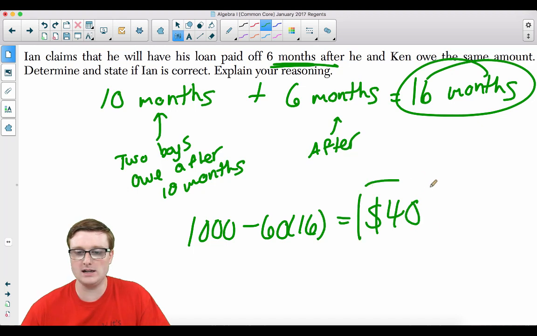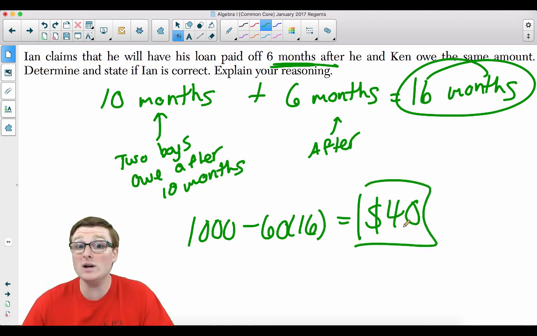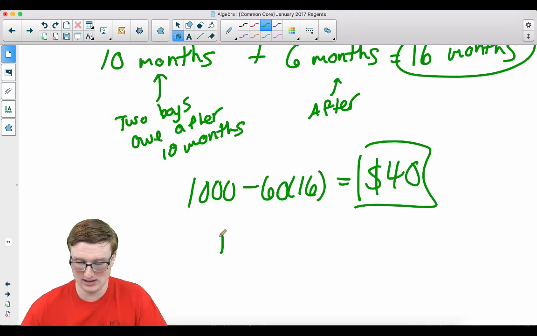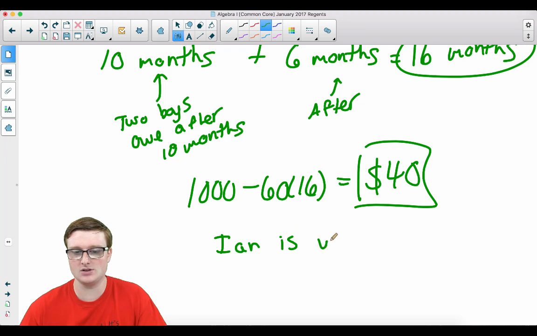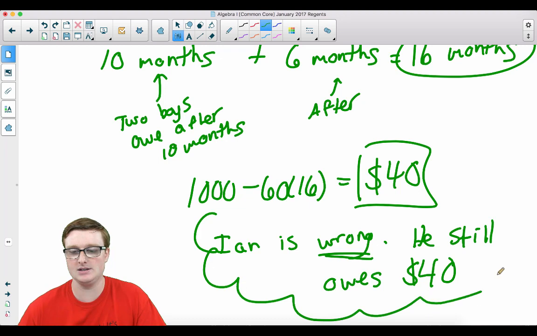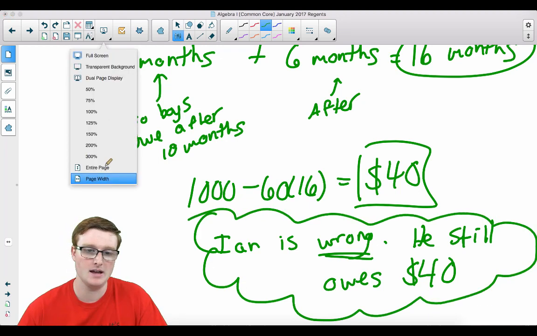This will be $40. That means if there's $40 after 16 months, Ian will still not have his debt paid off. So he is wrong. So we're going to say that Ian is wrong. He still owes $40. And that is your answer explanation.